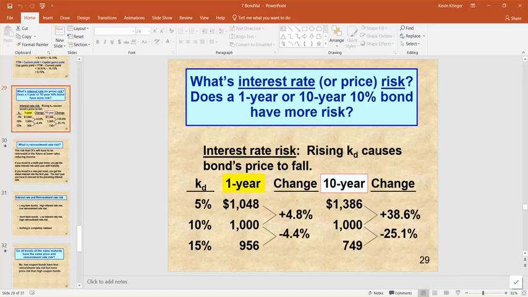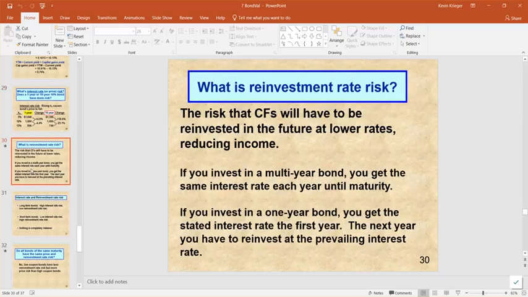And you can see it really directly with prices moving. But the weird thing is people don't always think of the risk this way, but the reality is there's actually risk the other way too. There's reinvestment rate risk.